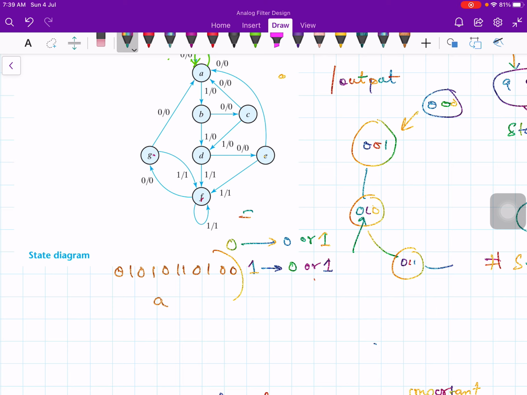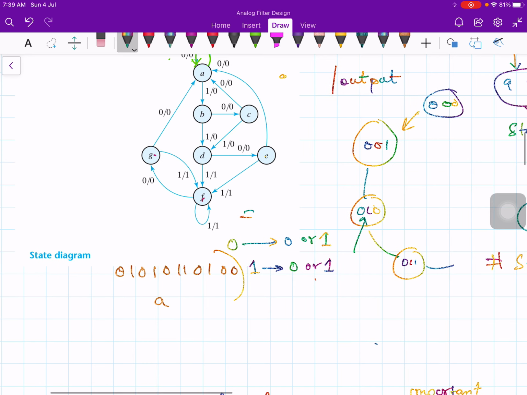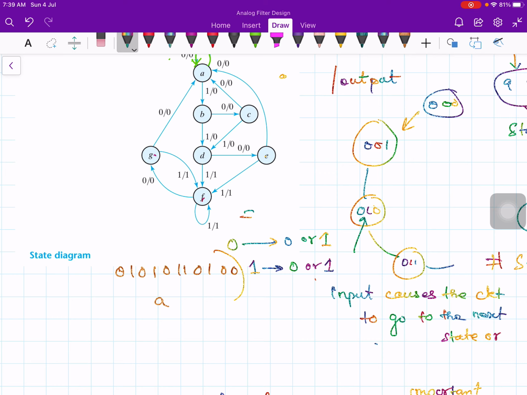Therefore, the input causes the circuit to go to the next state or to stay in the same state.